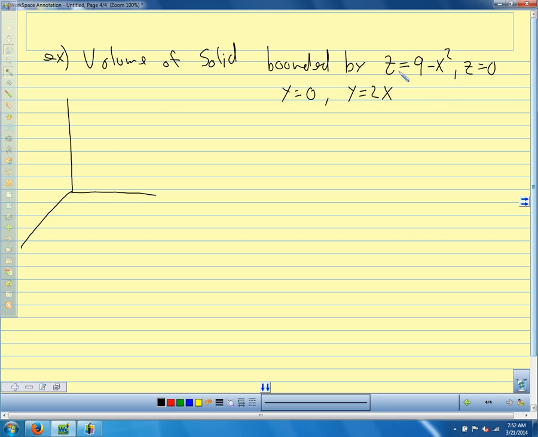So z equals 9 minus x squared, I get a parabola like so, and the other half would be back here. I'm just going to draw the front half here. And it goes along the y-axis. So we have this parabolic cylinder like so. And then y equals 2x is going to be this line in the xy plane.